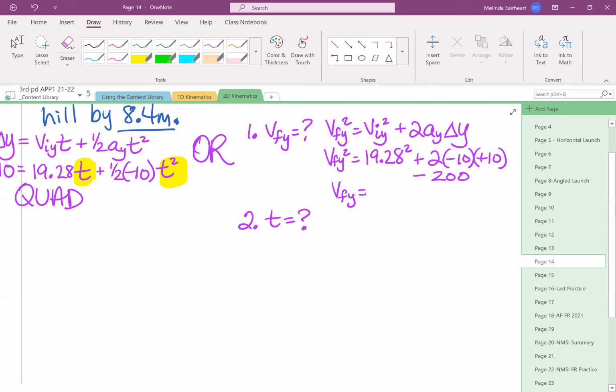19.28 squared minus 200, and then square root. And by the way, before you say the number, for those not calculating, should it be equal to 19.28, greater than or less than?